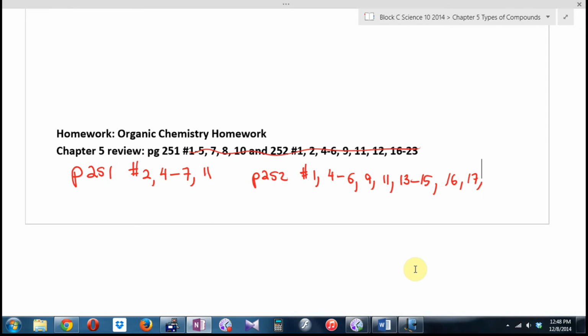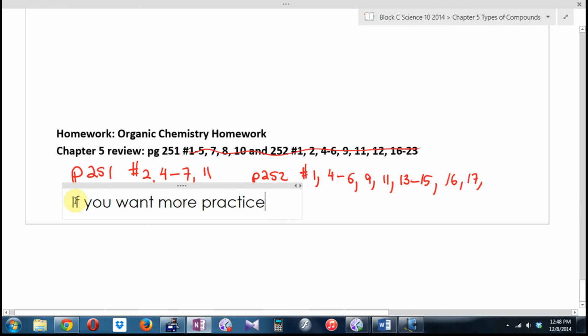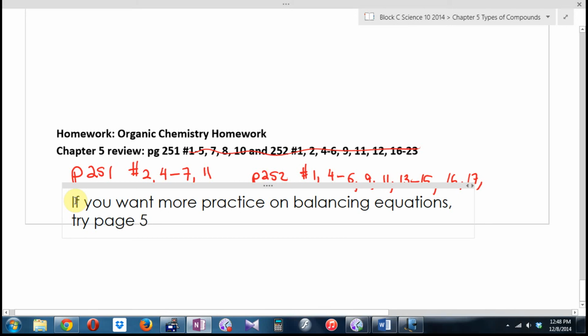This is mandatory, and if you want more practice on balancing equations, try page 252, numbers 19 and 20.